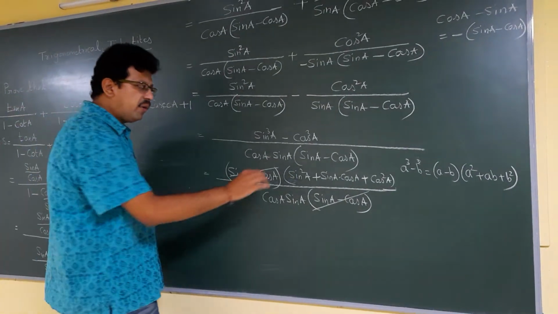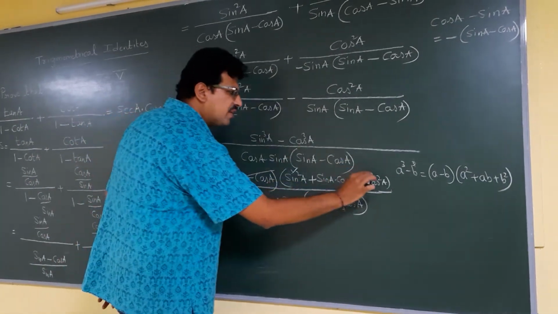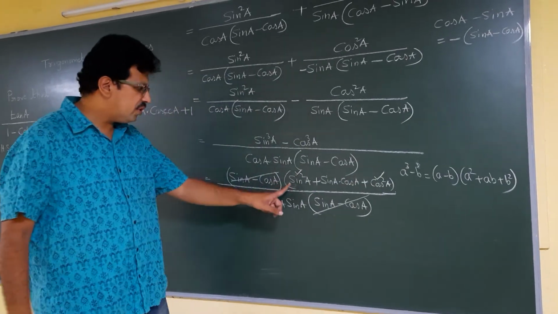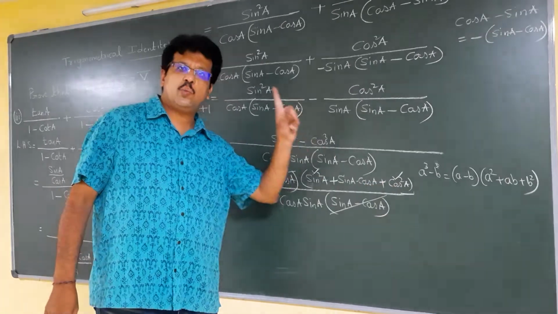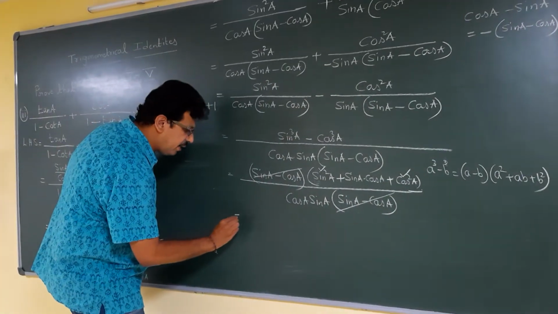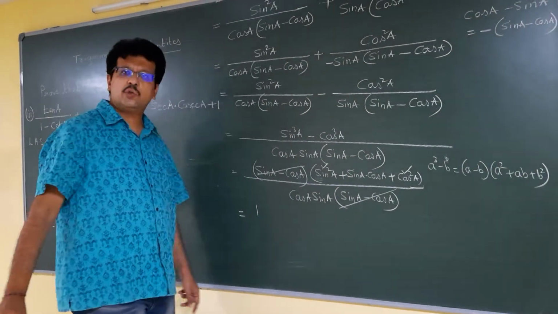Again, we have to recall the identity: sin square A plus cos square A is 1. I am just going to write it directly because you have done this many times.